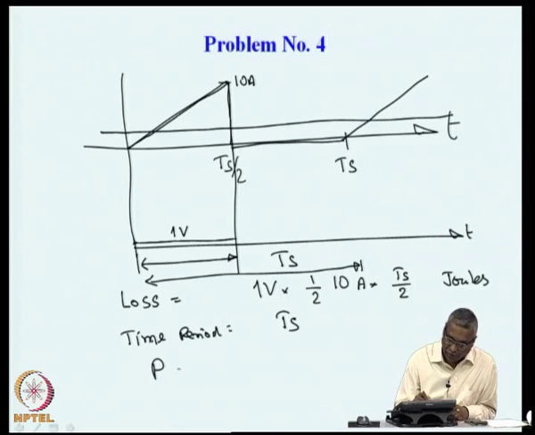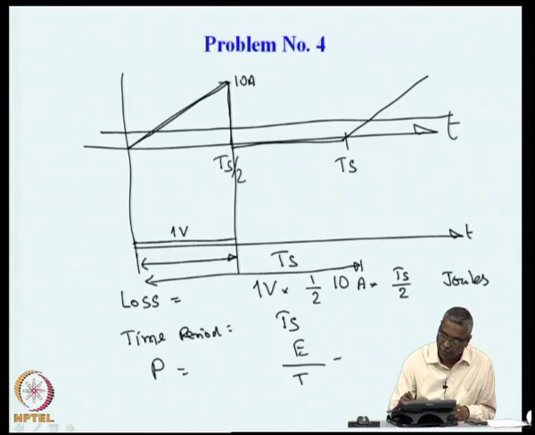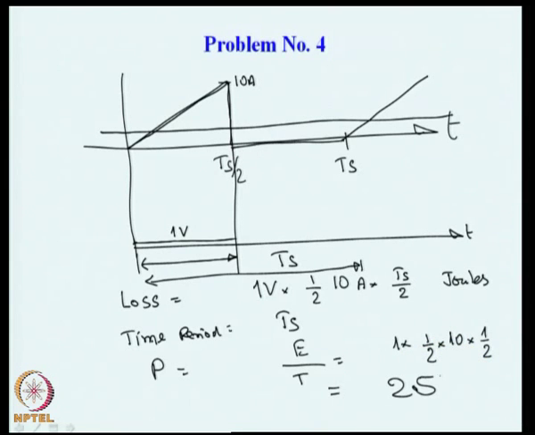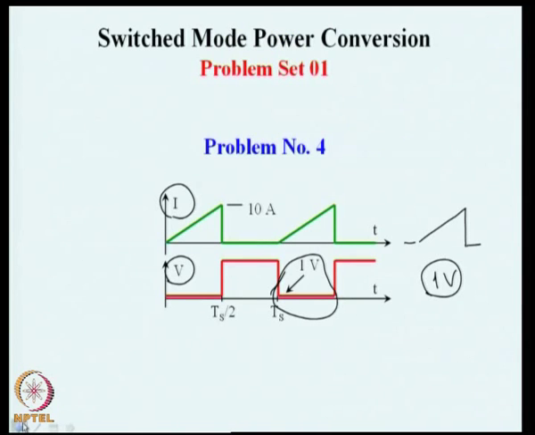So, the average power loss is energy loss divided by time, and that would be 1 into 1 by 2 into 10 into 1 by 2, and that is 2.5 watts. So, the average power loss in this particular application for this circuit is 2.5 watts, and that is conduction loss.